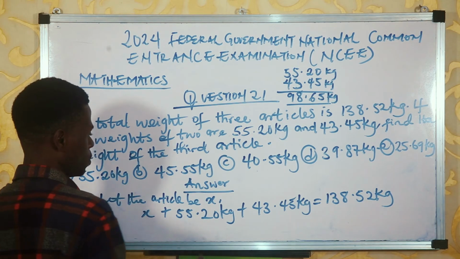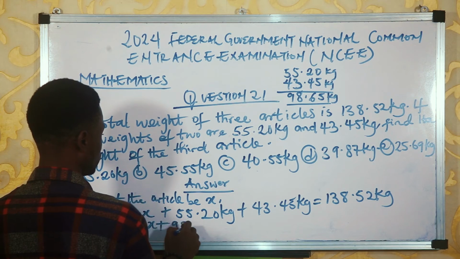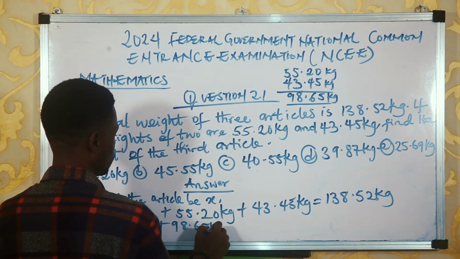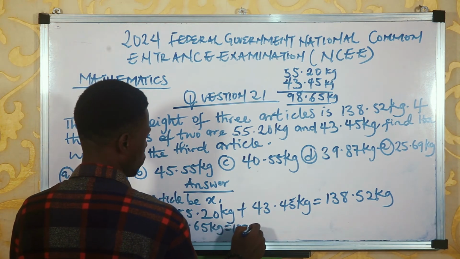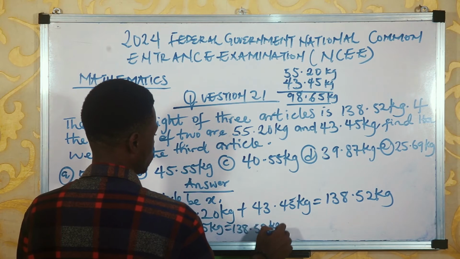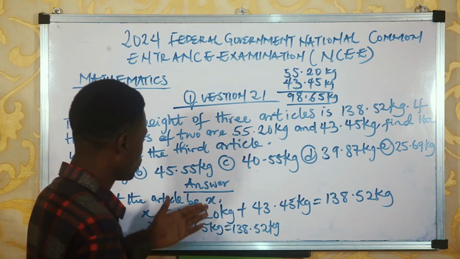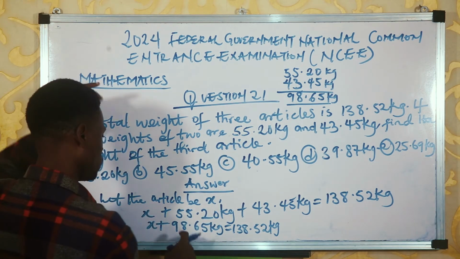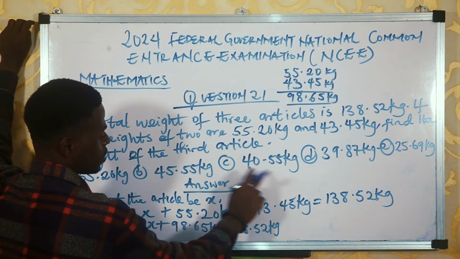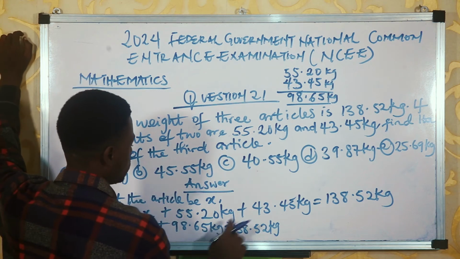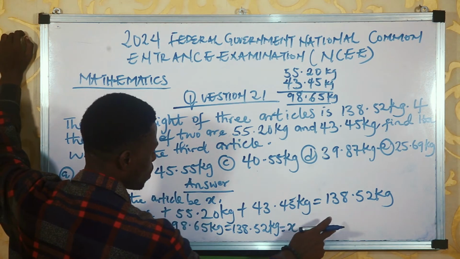So we are now going to say X plus 95.65 kilogram equals 138.52 kilogram. Please take note of that. In this calculation, we are now going to subtract this 95.65 from 138.52. So we now have X here, when this 95.65 kilogram comes here, it becomes what?